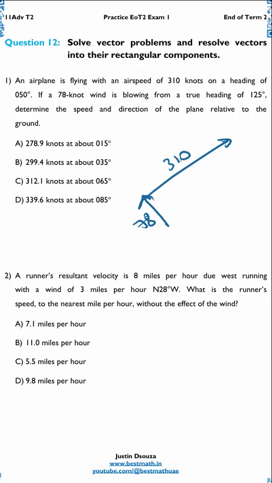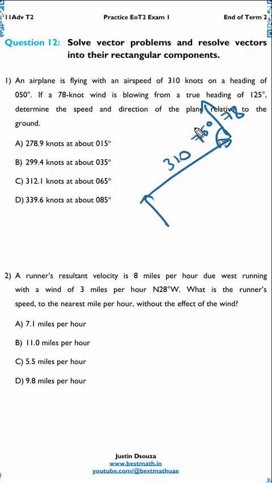Generally we keep it in a single quadrant. Because this wind is throughout, I can even write it like this, the wind, that'll be 78, and the angle over here would be 125 minus 50, that is 75. So it's alternate angles over here, it's 75 degrees.